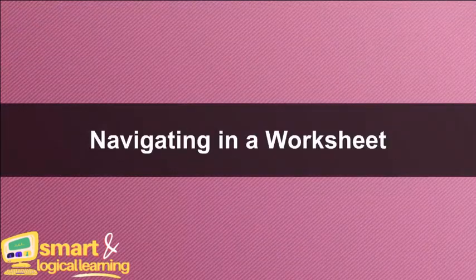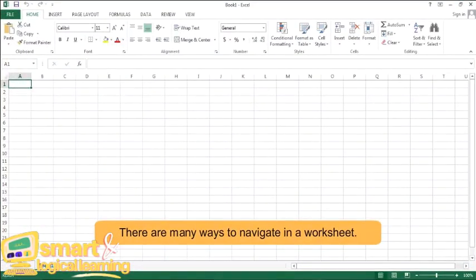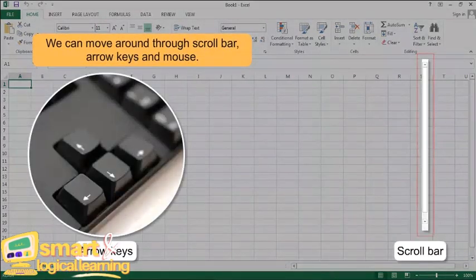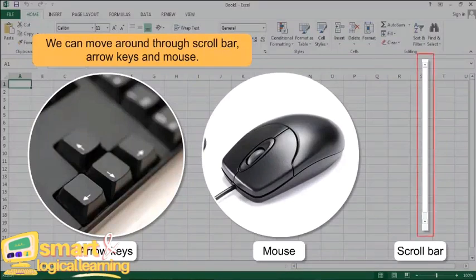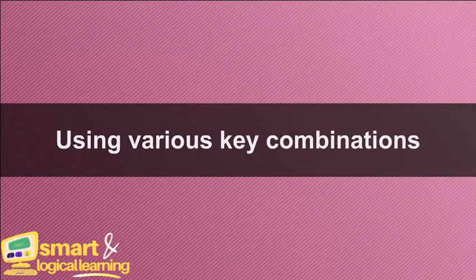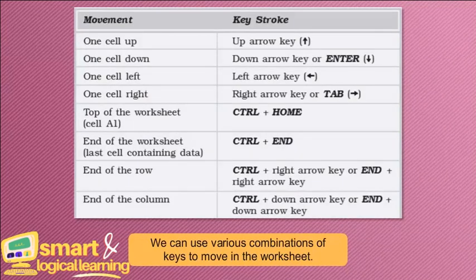Navigating in a worksheet. There are many ways to navigate in a worksheet. We can move around through scroll bar, arrow keys and mouse. The first method is using various key combinations. We can use various combinations of keys to move in the worksheet.